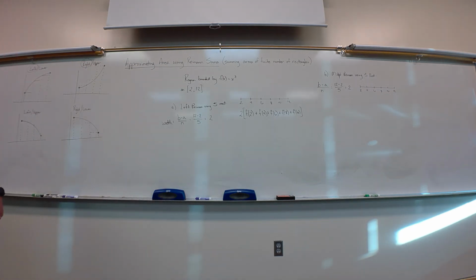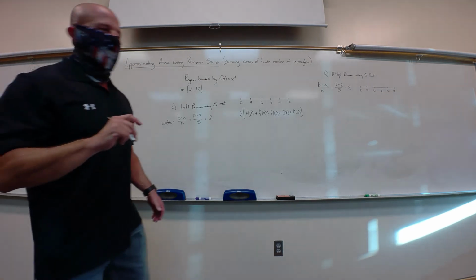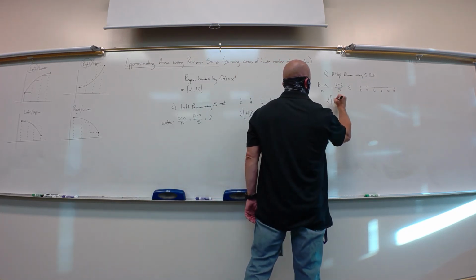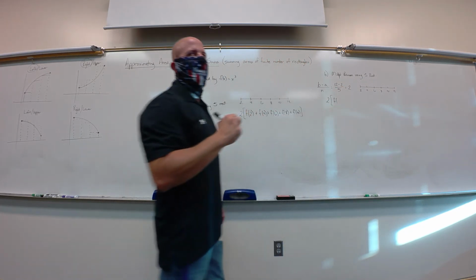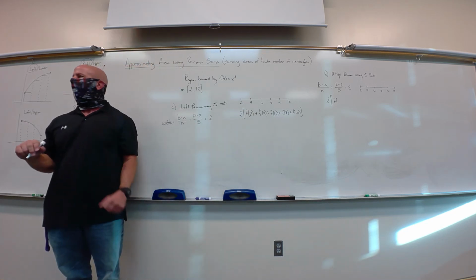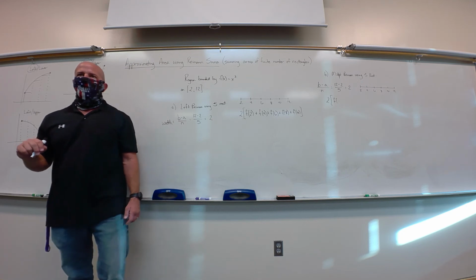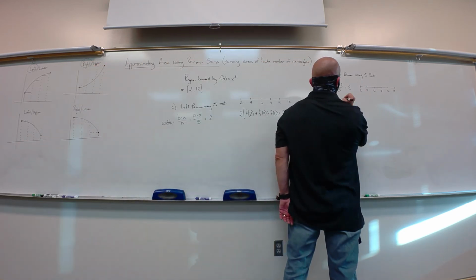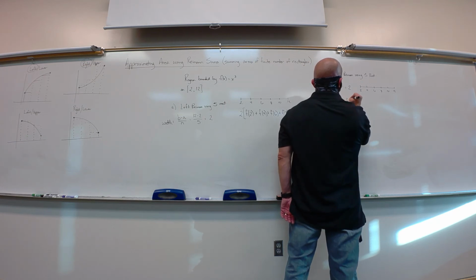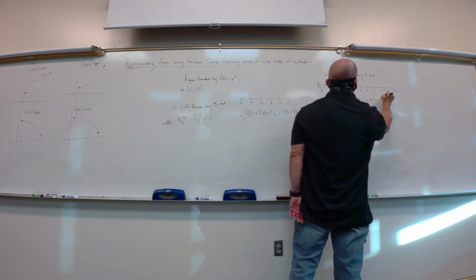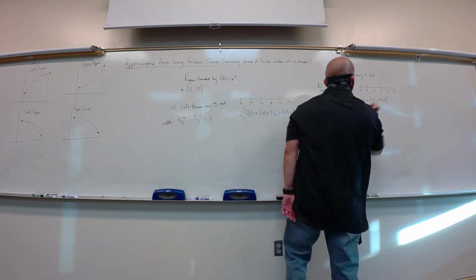But this time it says the midpoint. So I'm going to have 2 times f of, what's the first value going to be? 3, because that's the midpoint between 2 and 4. So my rectangles between 2 and 4, width 2, f of 3 plus f of 5 plus f of 7 plus f of 9 plus f of 11 are the midpoints.